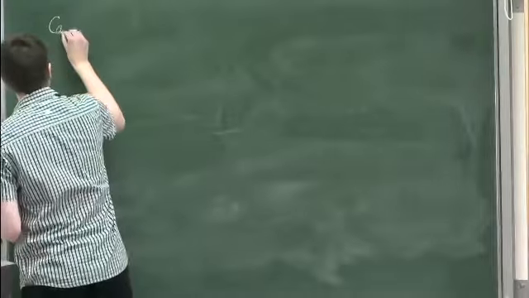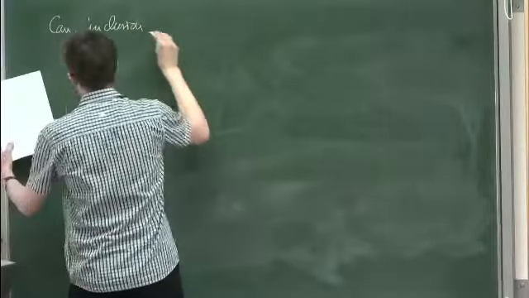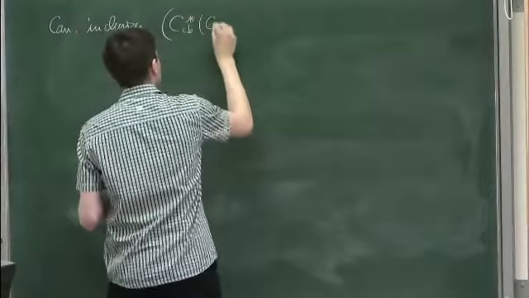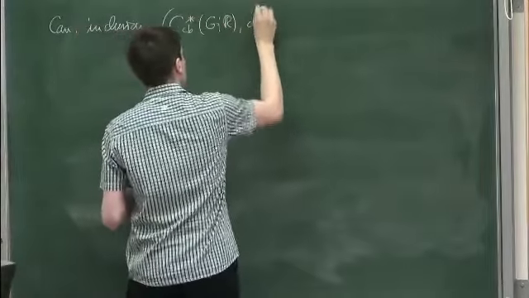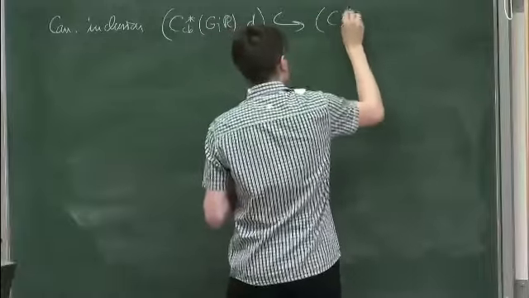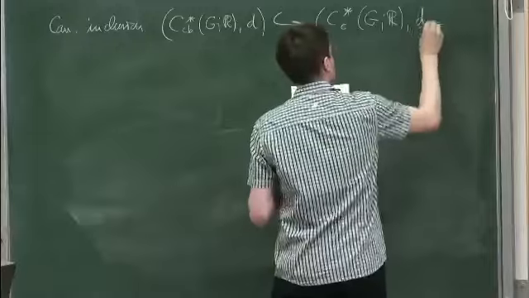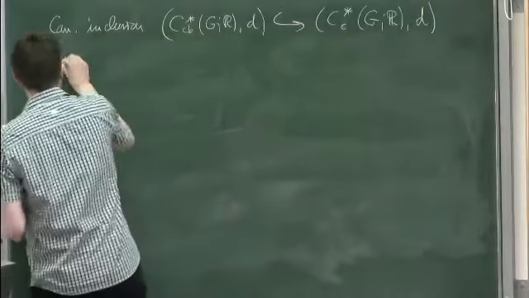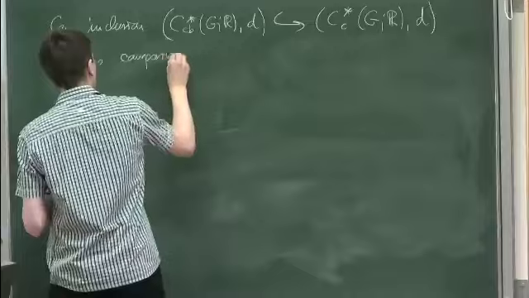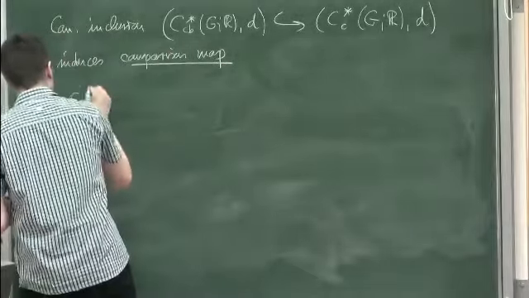So there's the canonical inclusion of complexes from the bounded functions into the continuous functions. So this inclusion induces what is called a comparison map. So we denote it this way.